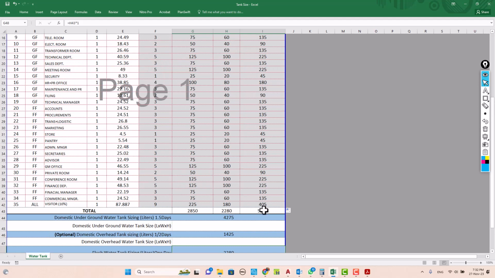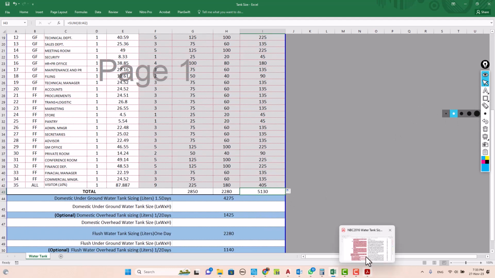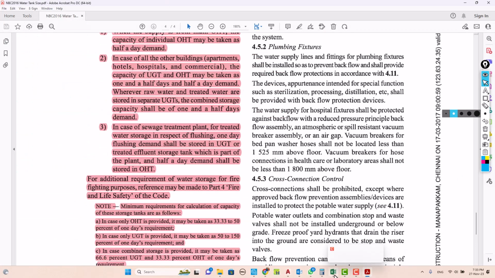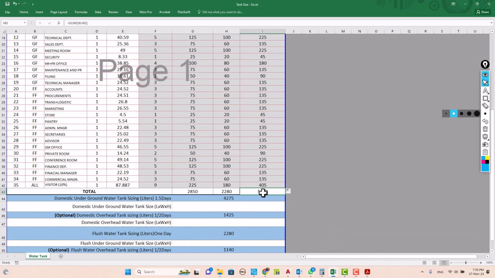If only one underground tank is for domestic and flushing, and also the overhead tank is for domestic water and flushing water, okay, so this one tank we use, suppose the 5130, okay, we calculate both.